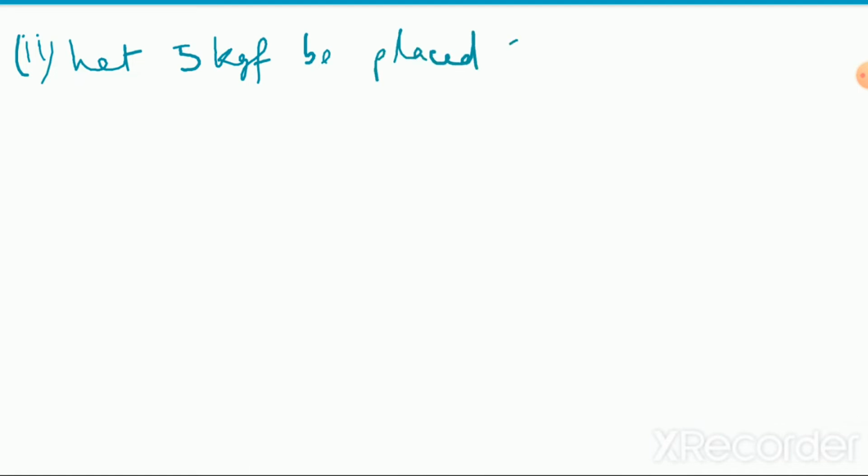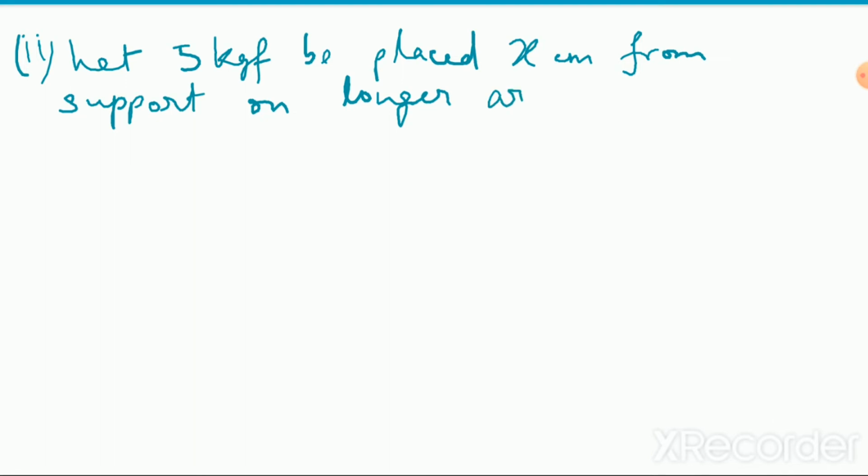So, part 2 of the solution: let 5 kgf be placed x centimeter from support on the longer arm. Obviously this has to be placed on the longer arm, because only then it will balance the 18 kg.